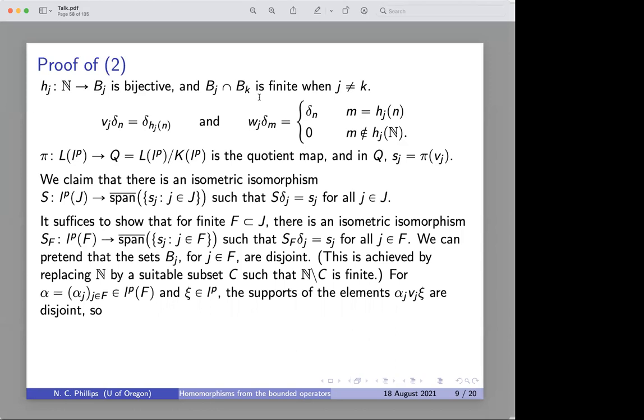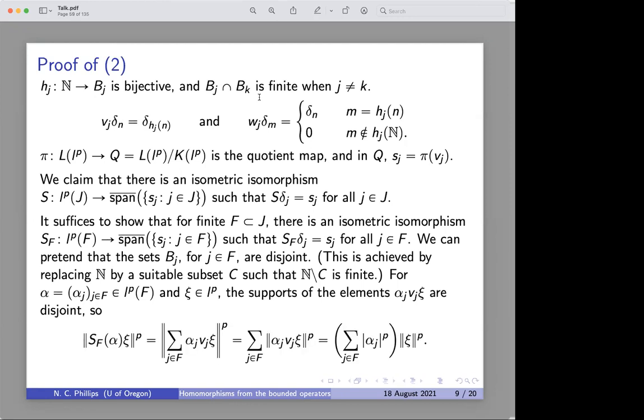Now I take something in little lp of the finite set. I look at Xi in little lp of n, and the supports of the elements when I apply Vj to Xi are now disjoint. They're still disjoint when I multiply them by alpha j. So now the pth power of the norm is just the sum of the pth powers of the norms of the pieces, because they have disjoint supports.